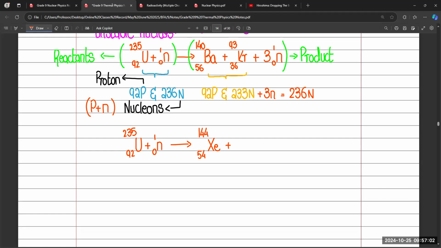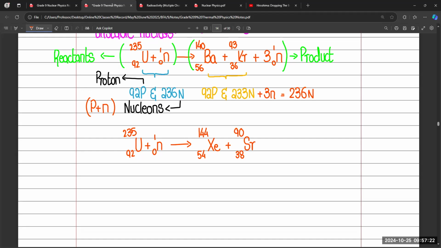You don't need to learn the periodic table. And we got another element, 38 protons with 90 nucleons. So now you can see both equations are completely different.